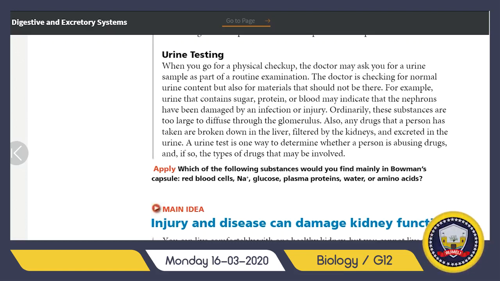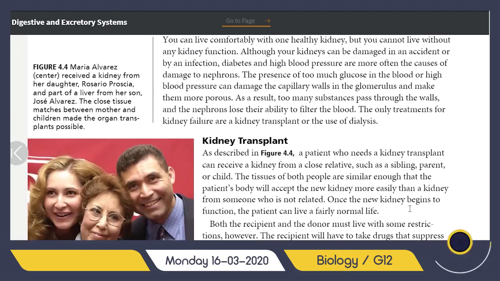Now, kidneys can be injured for various reasons, guys. You may have an accident, car accident, or any accident, work accident, or infection, diabetes, high blood pressure, or God forbid, stabbing. There are many reasons why the kidneys are damaged.